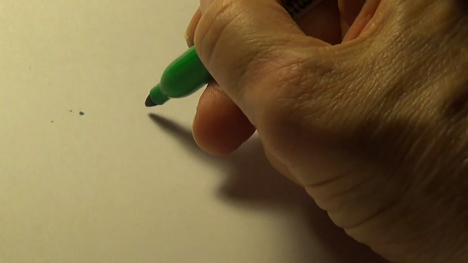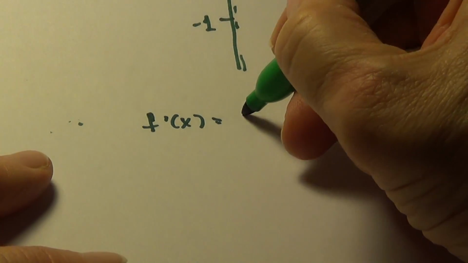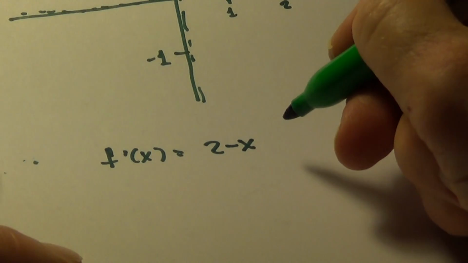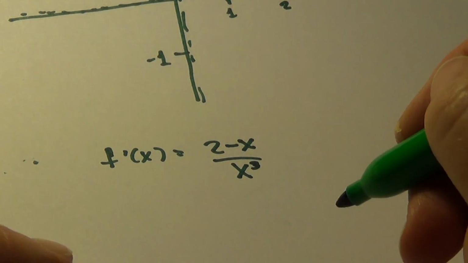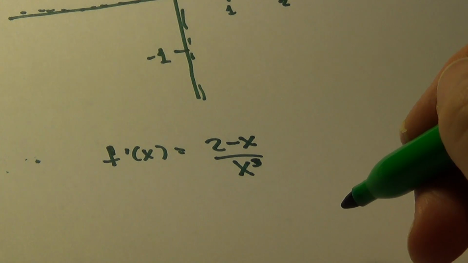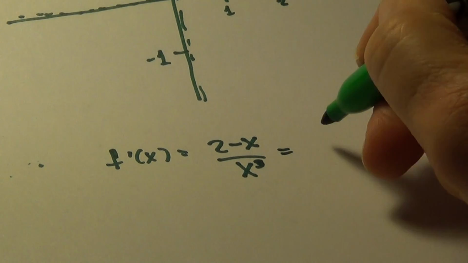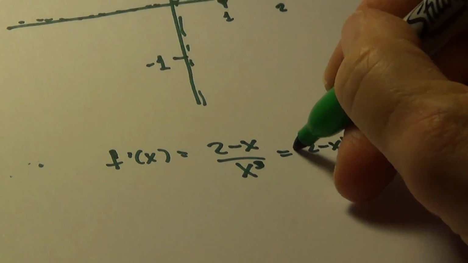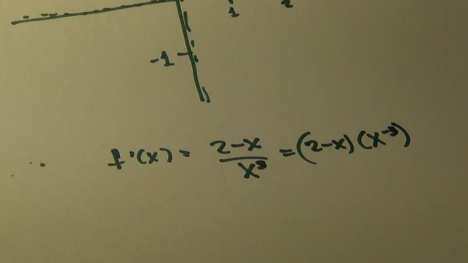All right, so the first derivative ended up being, once I cleaned it all up, (2 minus x) over x cubed. So I grabbed that from a previous sheet. All right, so let's find the second derivative. Once again, I prefer to think of it as x to the minus 3 and use the product rule.